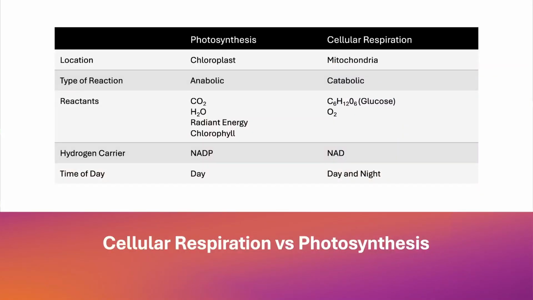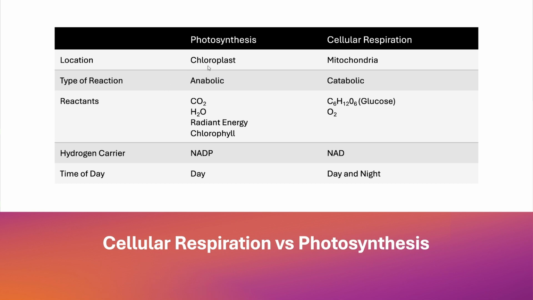Here we have a table showing cellular respiration versus photosynthesis. The location for photosynthesis is the chloroplast, and the location for cellular respiration is the mitochondria. The type of reaction for photosynthesis is anabolic, where simple molecules are made up into complex molecules, and in cellular respiration we have catabolic, where the complex molecules are broken down into simple substances.